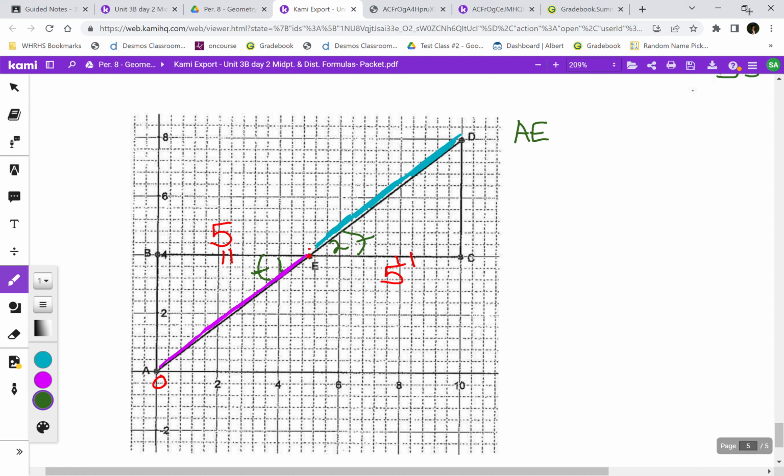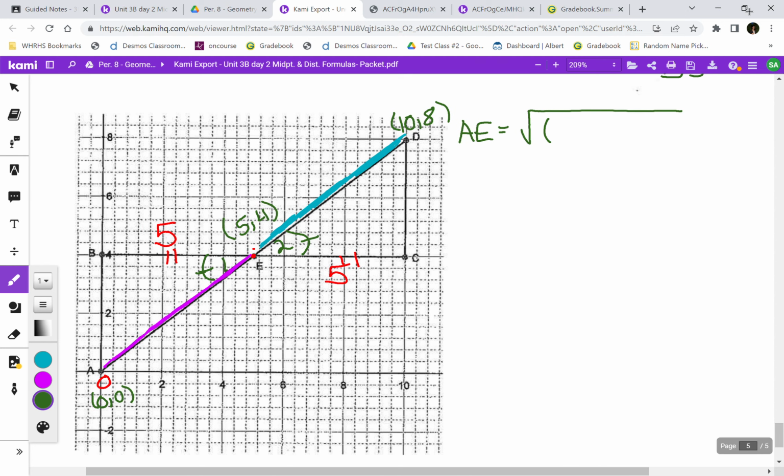Let's see, do we agree A is 0, 0? And E is the point 5, 4? And D is the point, what's D? 10, 8? Do you guys all agree with my points? Yeah? Okay, good. So AE is going to be the square root of x2 minus x1 squared plus y2 minus y1 squared.